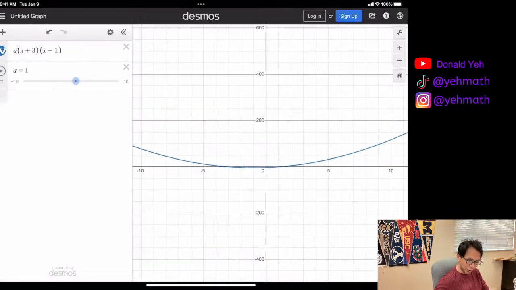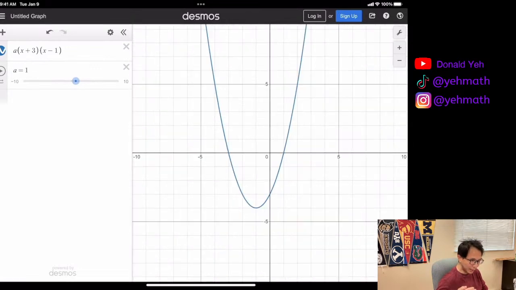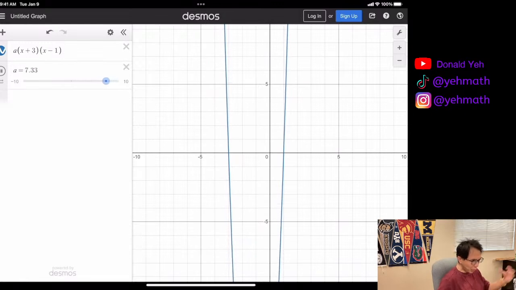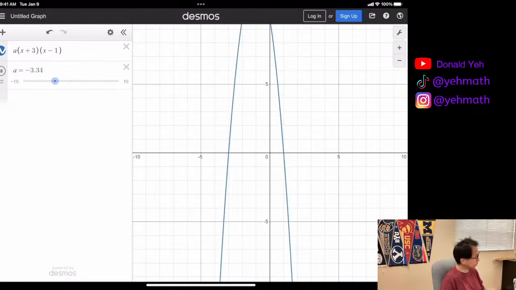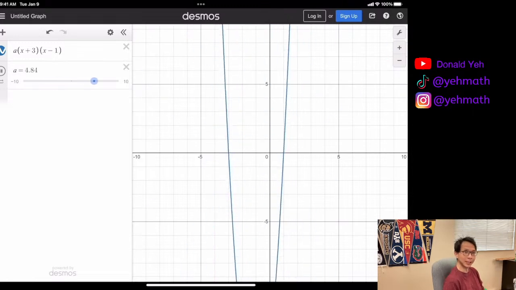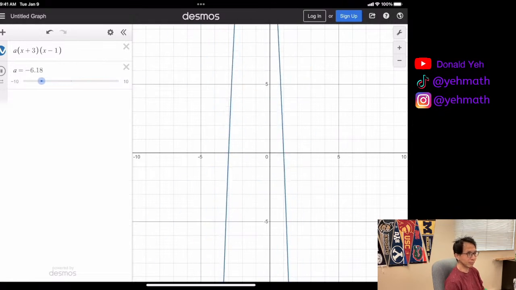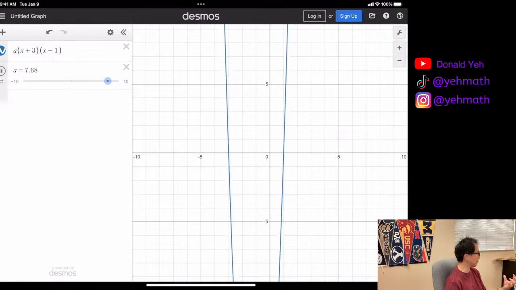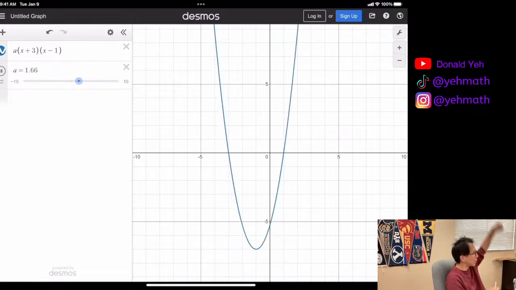That doesn't change anything except it's stretched or inverted. But you're still going to keep the same 2 x-intercepts. The x-intercepts never change. They just stay the same. So that 3 doesn't matter. That 3 or 4 or 10, it just stretches as far as it can.